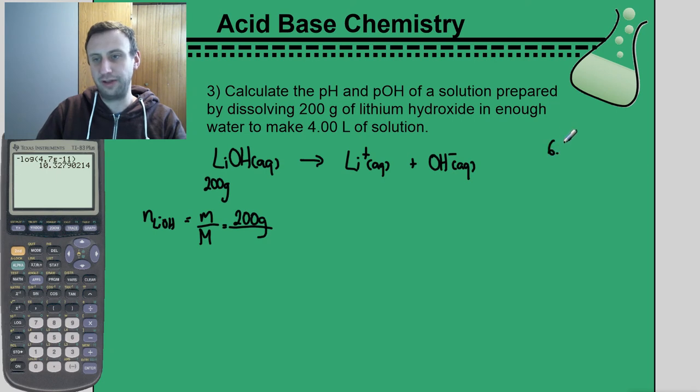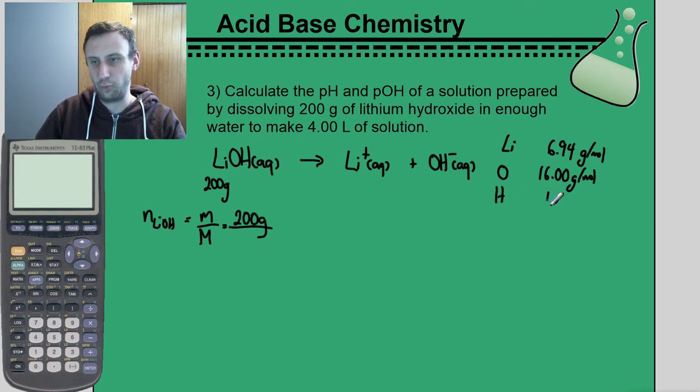Quick molar mass calculation. Lithium is 6.94 grams per mole, right? O is 16.00 grams per mole. And then my hydrogen is 1.01 grams per mole. So if I add all that together, it would be 23.95 grams per mole.